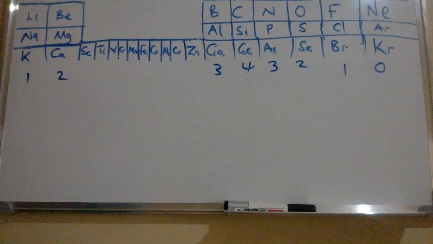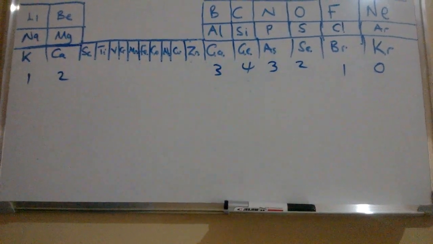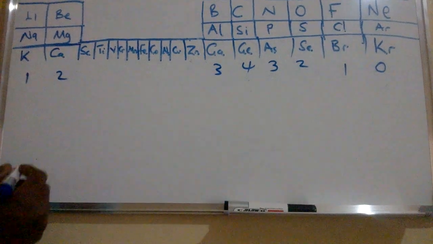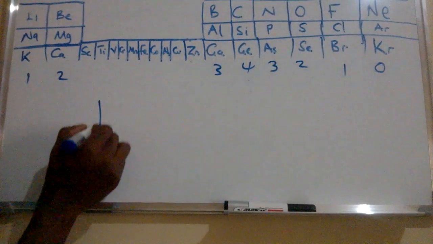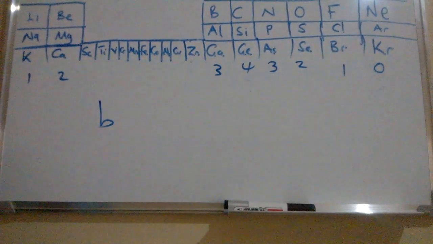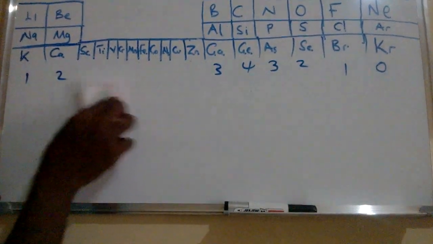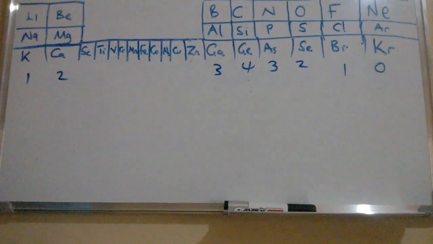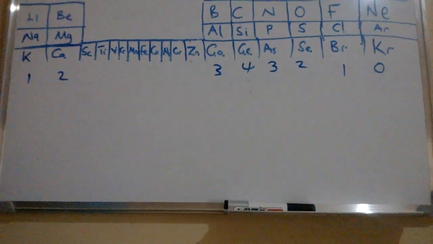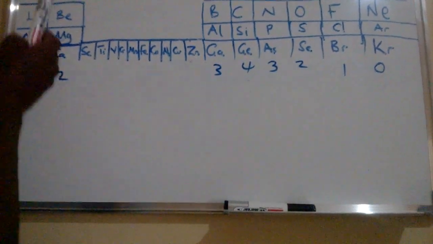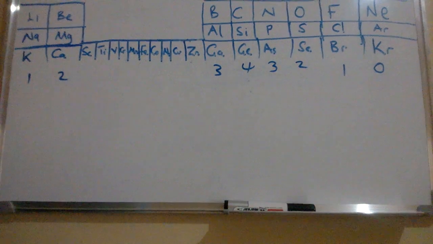So if you are a fan of writing, let's say, B with a small letter, you need to know that the first letter always is supposed to be a capital letter. And whenever you're writing any chemical formula, the first letter is supposed to be a capital letter followed by a small letter. That's for each individual element.